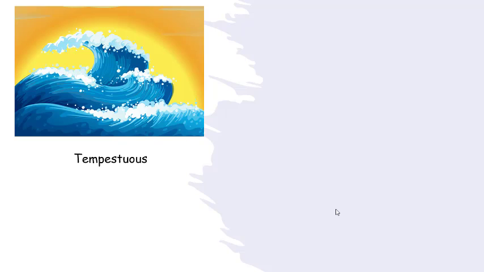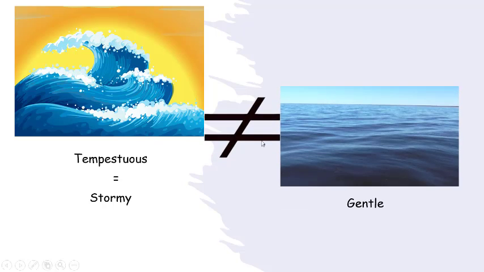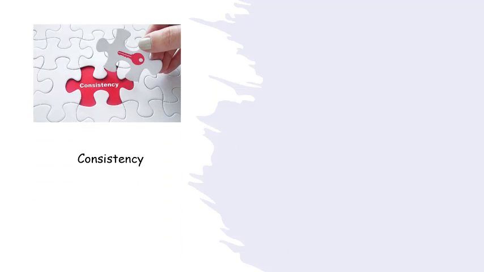Tempestuous. And the synonym of tempestuous, stormy. But the antonym of tempestuous is gentle. And here it's a tempestuous sea, while here it's a gentle sea. Consistency, and the synonym of consistency is unity or always. Always is the simplest meaning of consistency, but the literal meaning of consistency is unity.